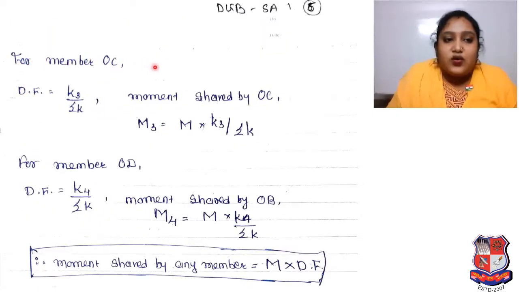Then for member OC, the distribution factor is K3 by sigma K, and the moment shared by OC is M3, equal to M into K3 upon sigma K. For the fourth member OD, the distribution factor will be K4 upon sigma K, and the moment shared by OD is M4, equal to M into K4 upon sigma K.